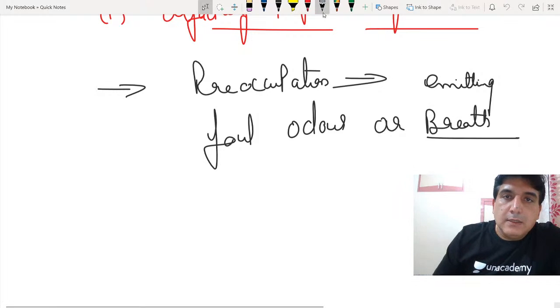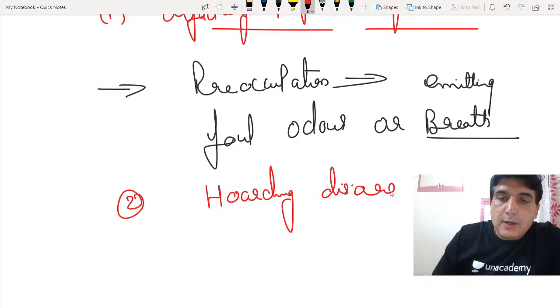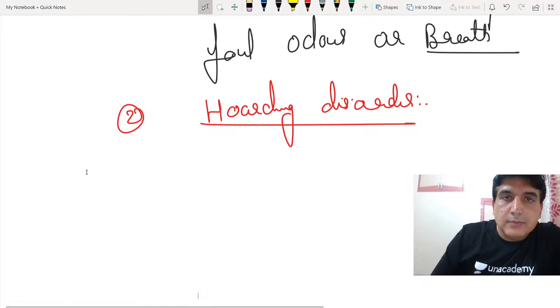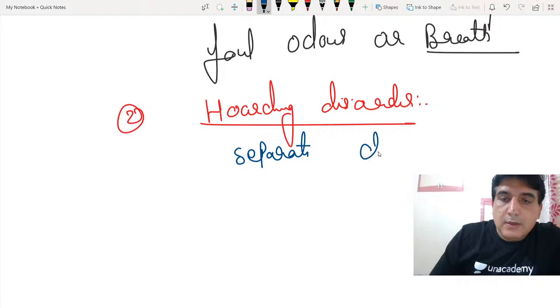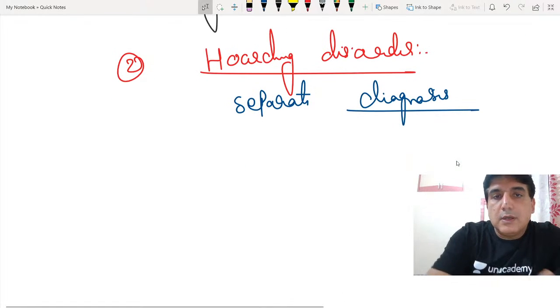Apart from that, the second one, hoarding disorder, has been made a separate diagnostic category, a separate diagnosis. It is no more under obsessive compulsive disorder.